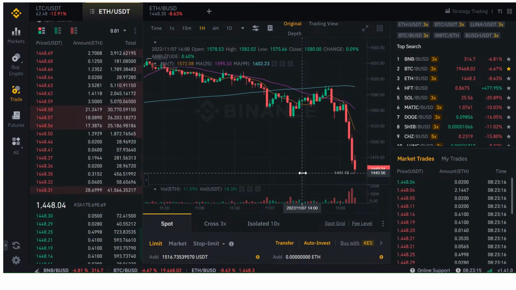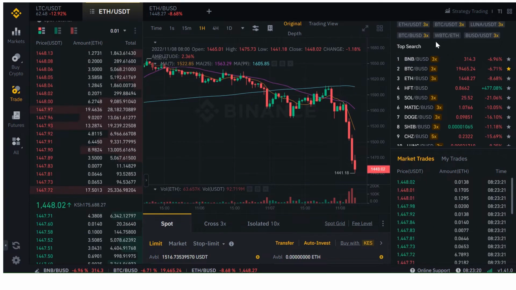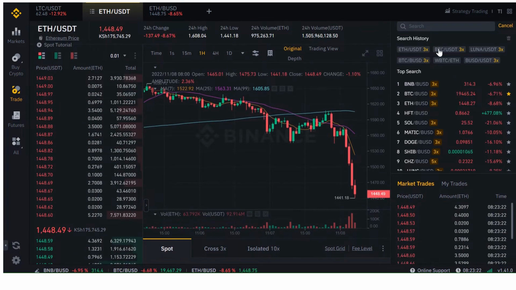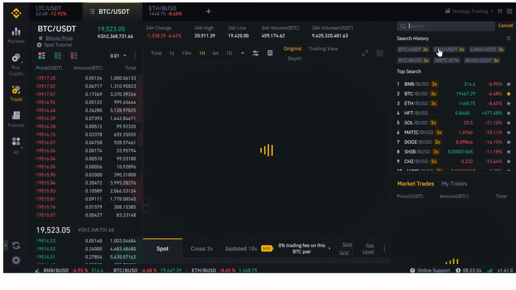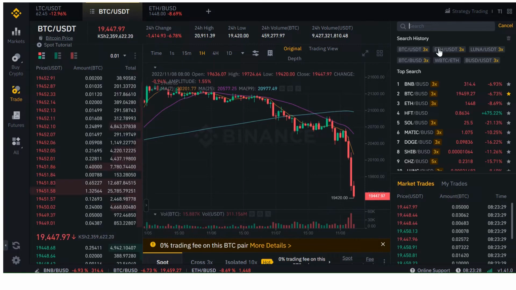This is also determined by the type of coin. There are some coins that are not very volatile, and there are others that are a bit volatile. You want to trade coins that have a huge amount of liquidity, so that you can easily get in and get out of trades.